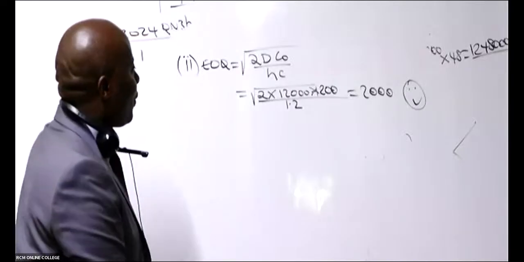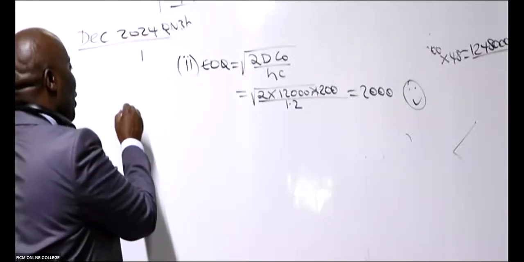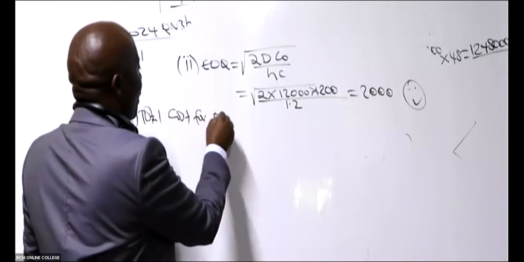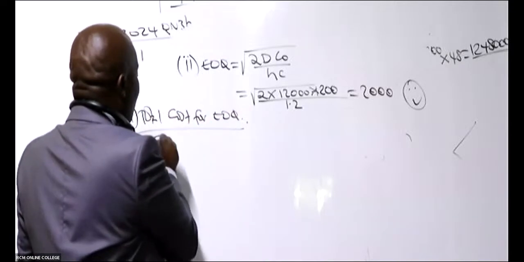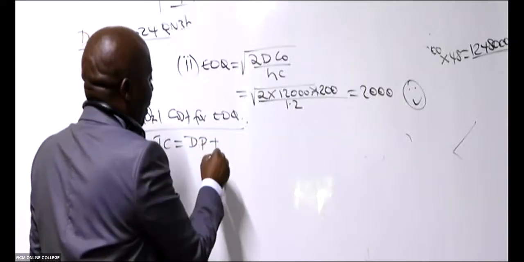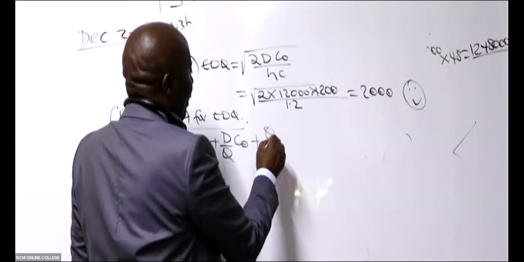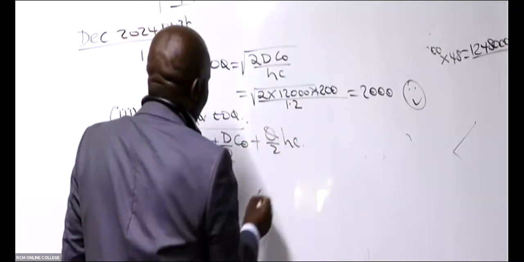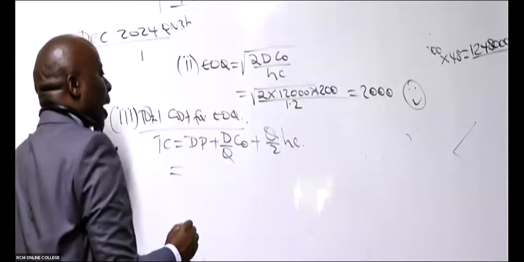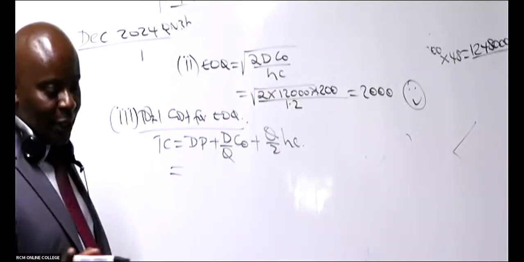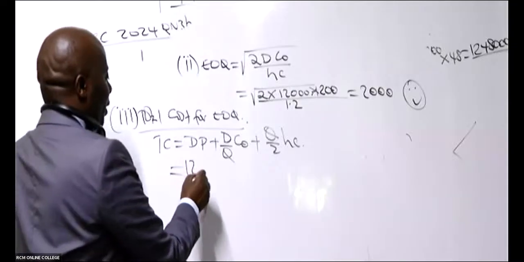So go ahead and give us the total cost for EOQ. This TC will be equal to DP plus D over Q times Co plus Q over 2 times Hc. The annual demand is 12,000, right?